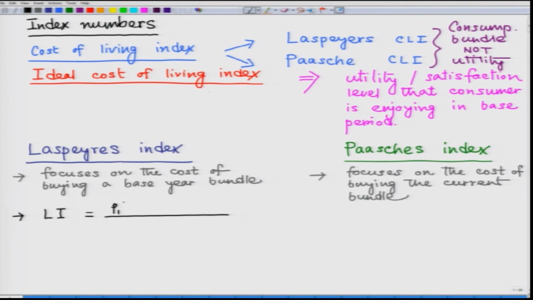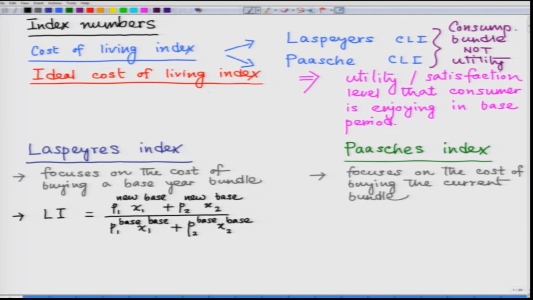It is P1 new times x1 base plus P2 new times x2 base, divided by P1 base times x1 base plus P2 base times x2 base.